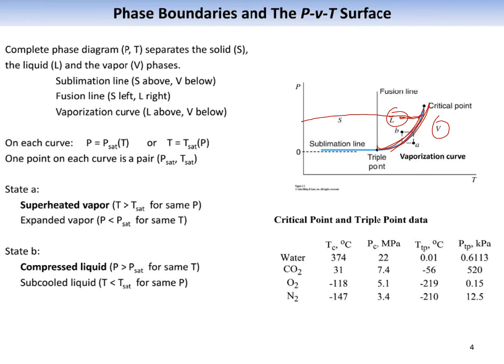Now what will happen is that the liquid will start vaporizing and it will continue to vaporize until the complete pure substance is in the form of vapors. At that moment it crosses this line.